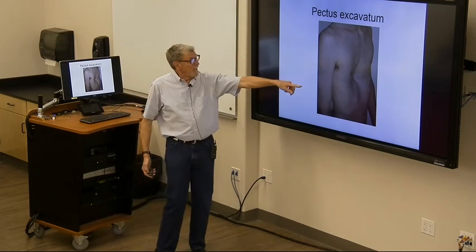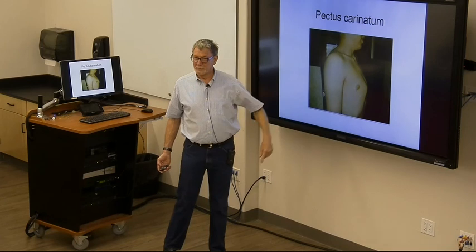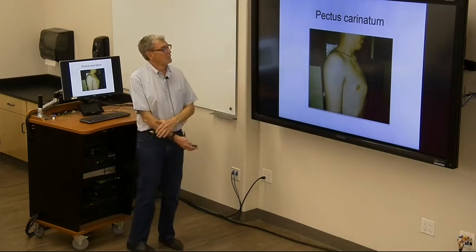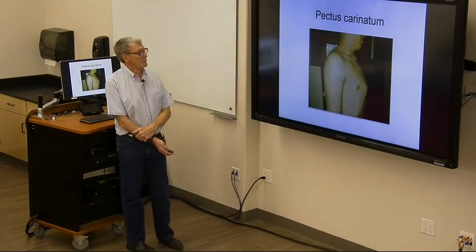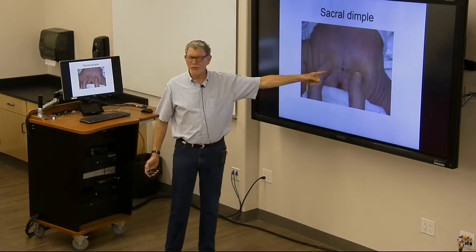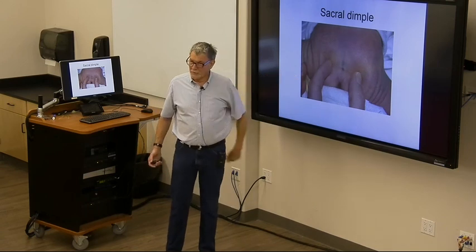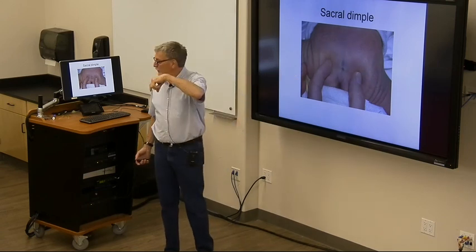Pectus excavatum and carinatum. Sacral dimple, where your tail is supposed to be. Some kids are actually born with a little tail because the coccyx is the vestigial tail.